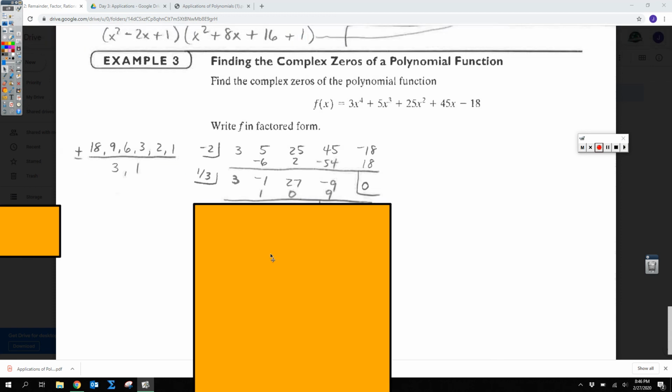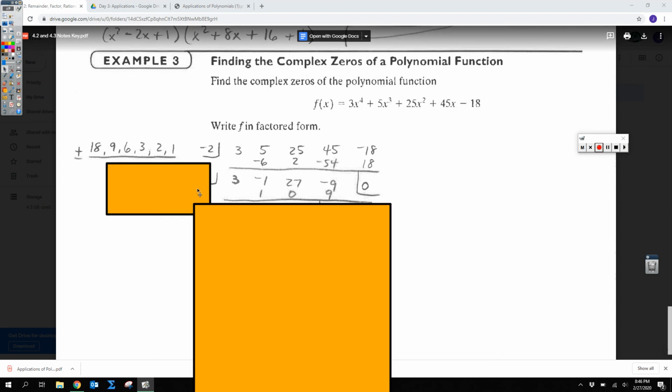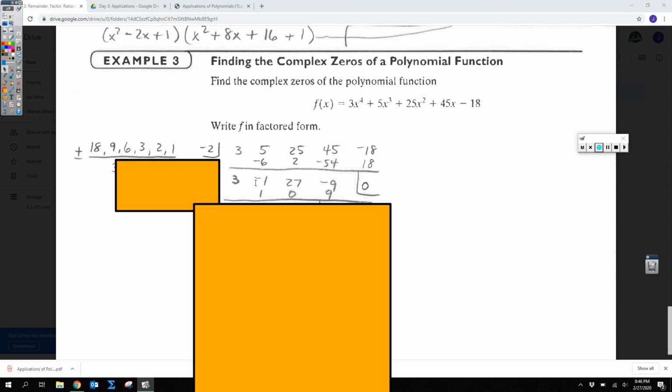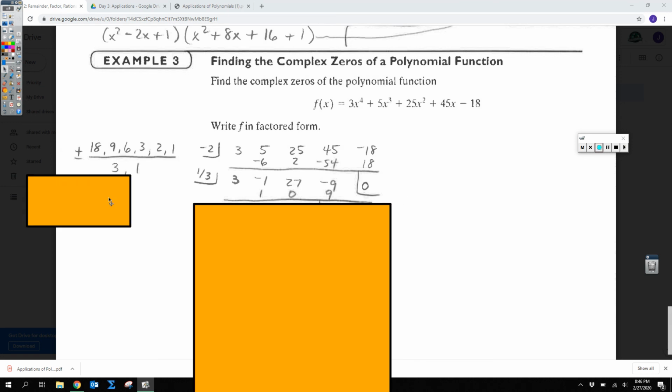But let me cover that up again. Right here, we know this is 3x to the third, negative x squared, 27x minus 9. Think of that as if you write that off to the side, you can do grouping to factor that particular problem out. But either way, you're going to arrive at 1/3 and negative 2 as our nice rational roots.